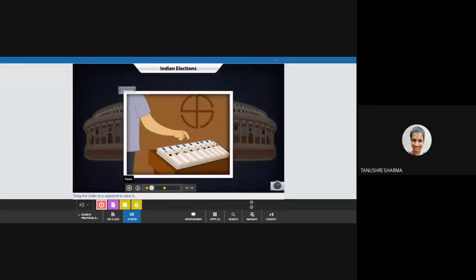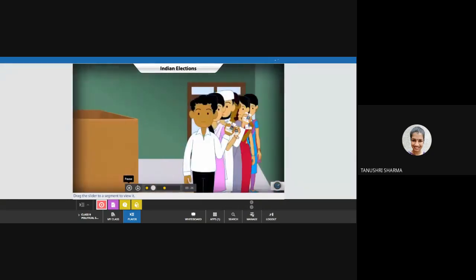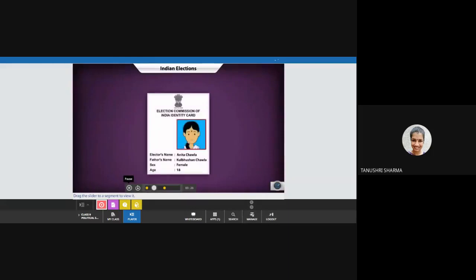The election process in India follows the principle of universal adult franchise. Franchise is the right to vote. Universal adult franchise means every citizen 18 years of age and above has a right to cast a vote in the elections.